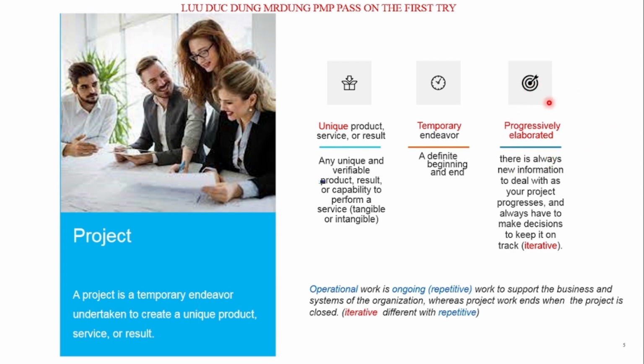We understand the project more clearly as it nears closing. From the start of the project, we're not clear about it, but nearly at the end of the project, we will see what the result is. It's iterative looping. There is always new information to deal with as the project progresses, and we always have to make decisions to keep it on track.